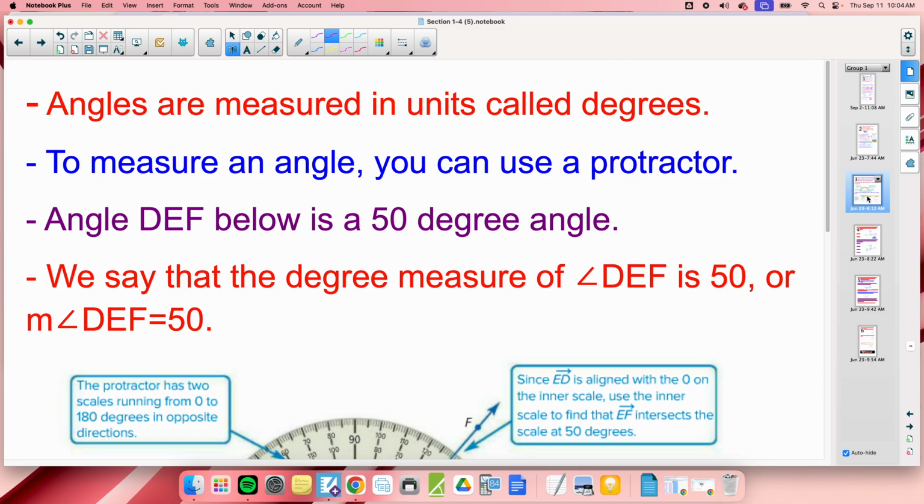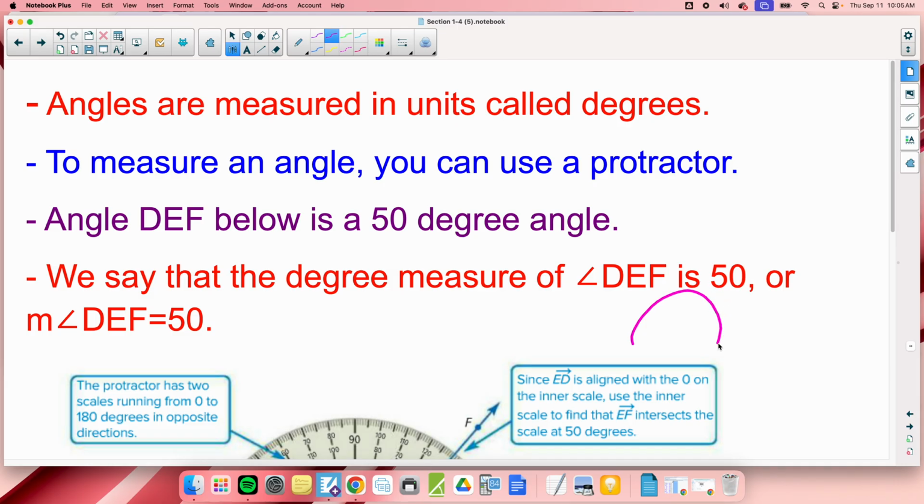Now, everybody's protractor is going to have a spot on it that looks like this. So if you have your protractor like this, okay, everybody's is going to have this like half moon with a line down, okay?